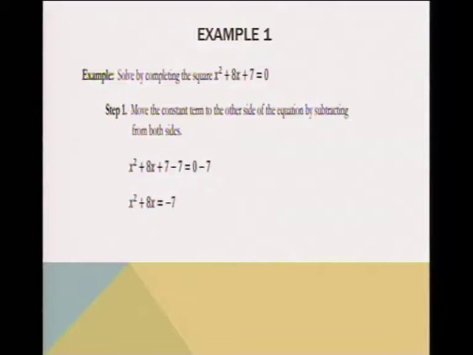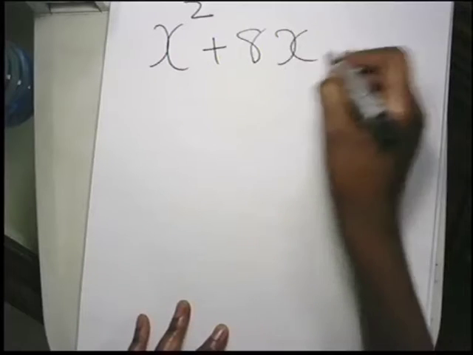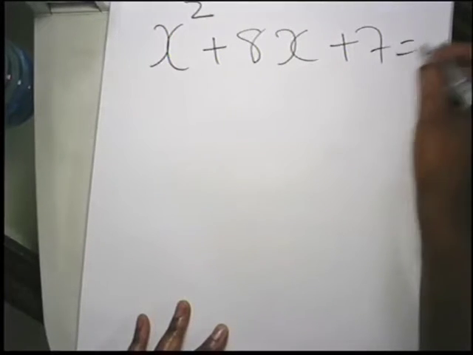Okay, let's look at the example on the screen. We want to solve this by using the completing the square method. If you can't see it very well, it's x to the power of 2 plus 8x plus 7 equals 0.